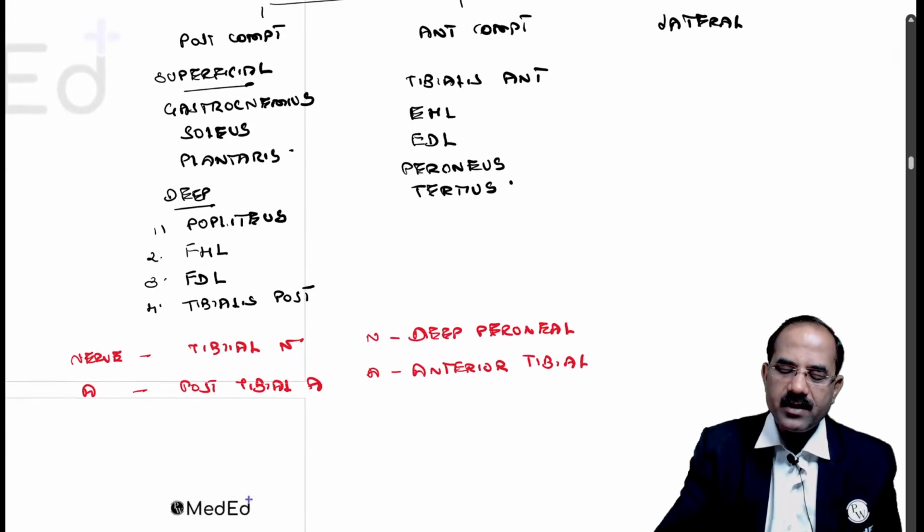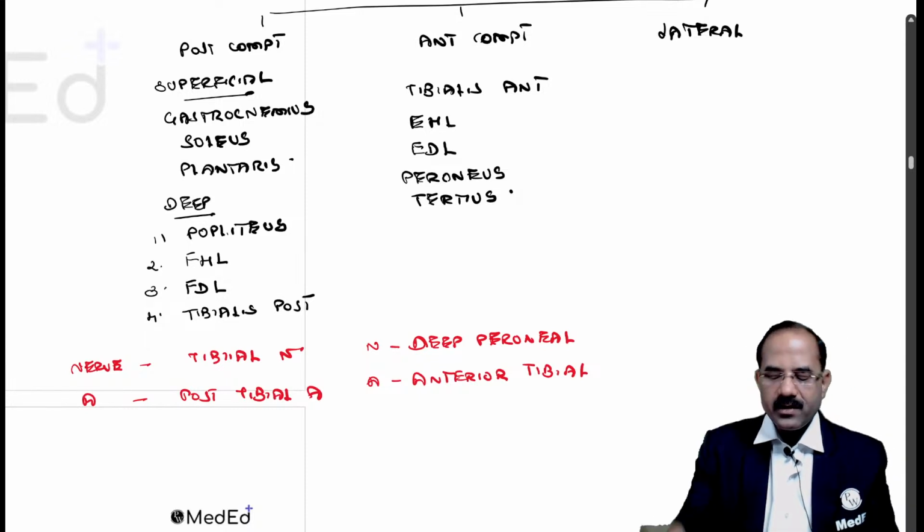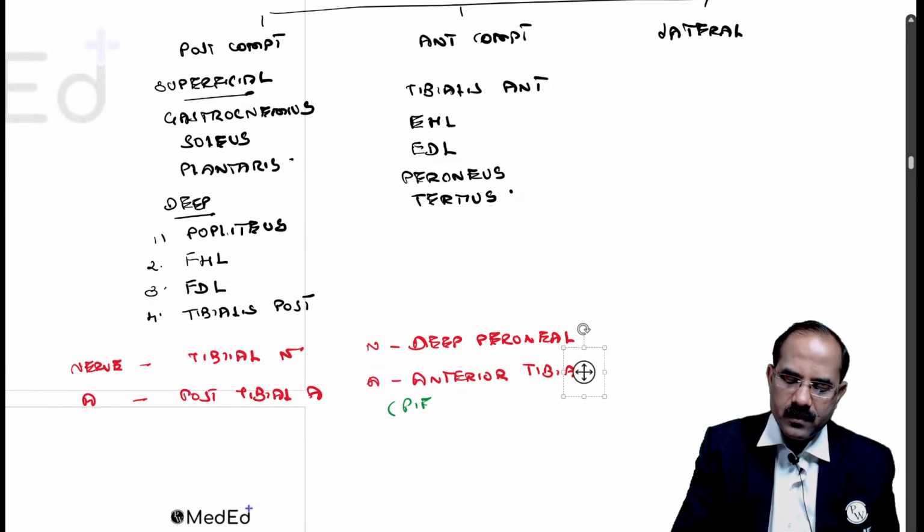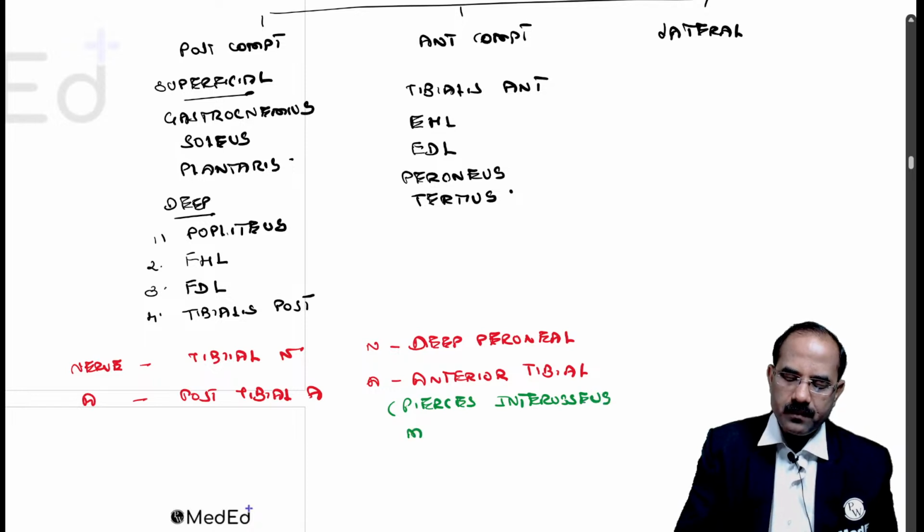What does the anterior tibial artery do then? Anterior tibial artery pierces the interosseous membrane and comes to the anterior compartment. ठीक है?